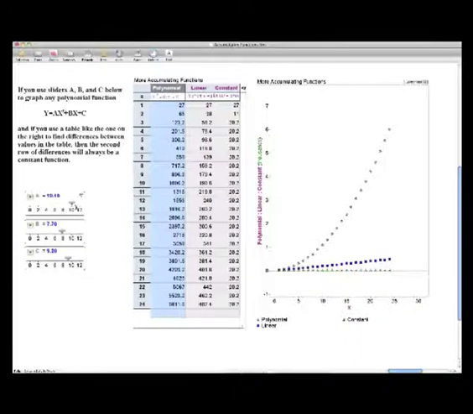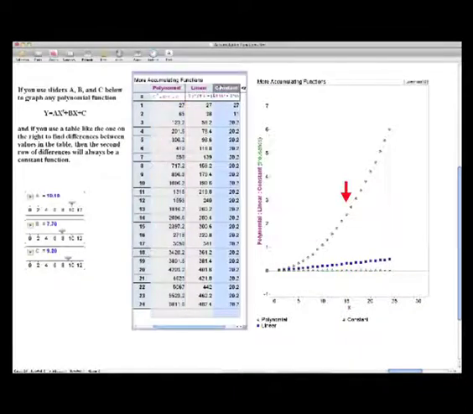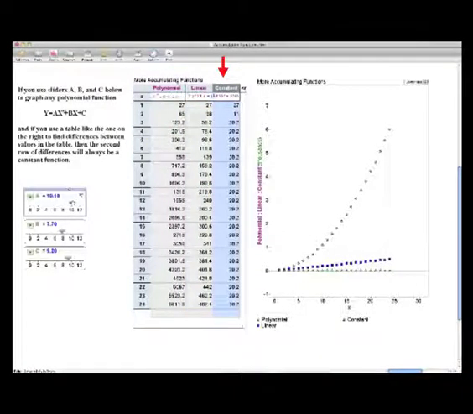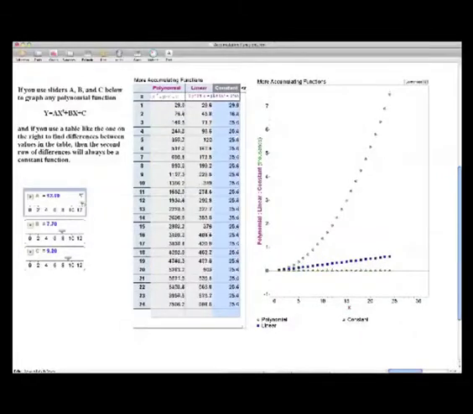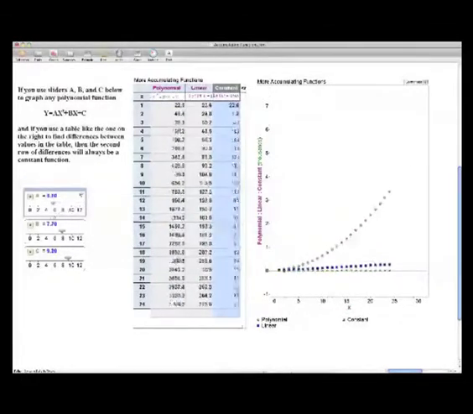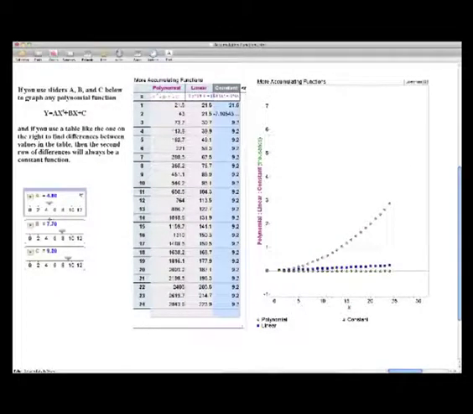Similarly, if you scroll down this worksheet, you see that if you start with any polynomial function and you use a table like the one shown here to calculate differences between values at regular intervals, then the second column of differences always reduces to a constant function. What this implies is that, for many real-life situations that involve constant functions or linear functions, polynomial functions often arise as accumulations of the constant or linear factors.